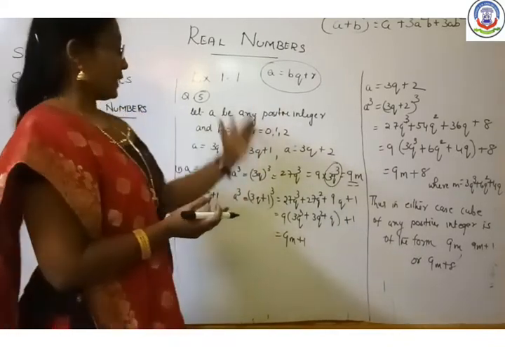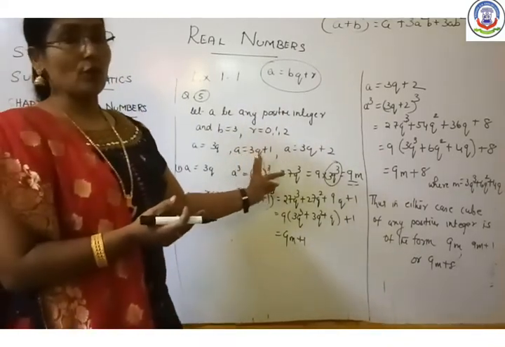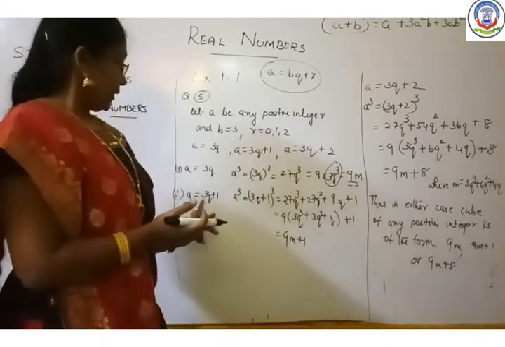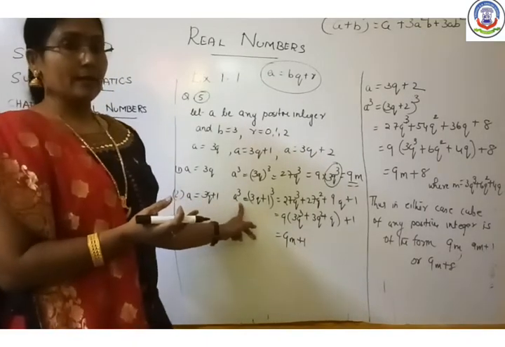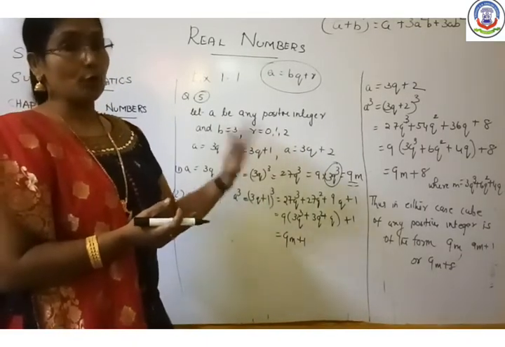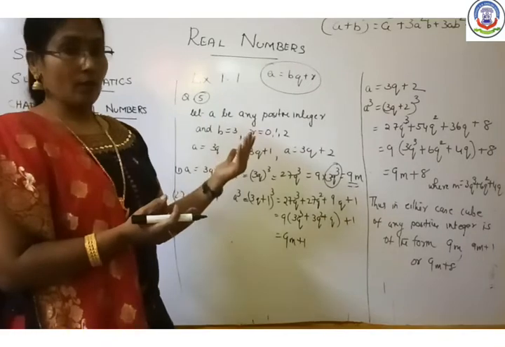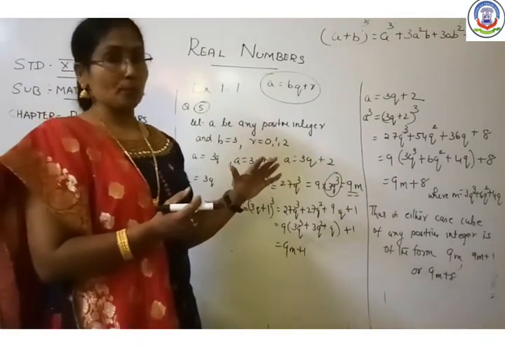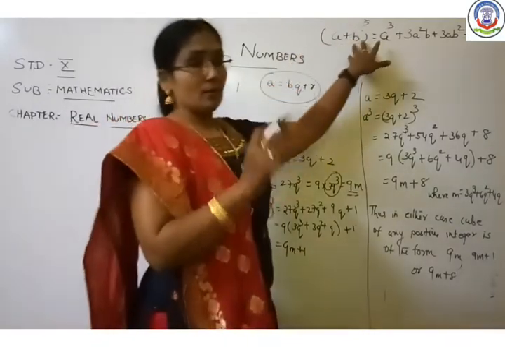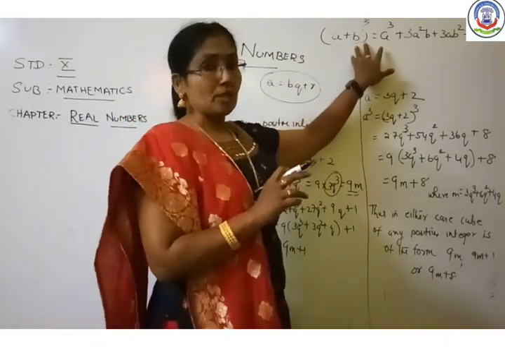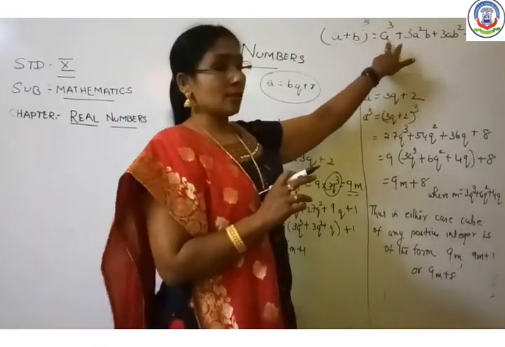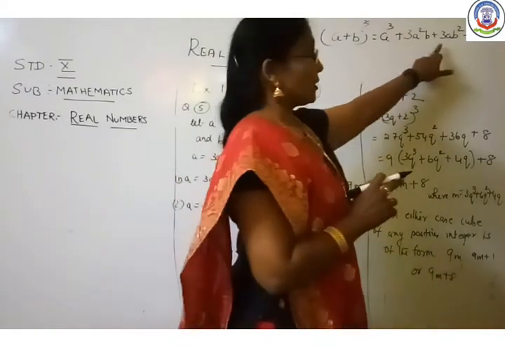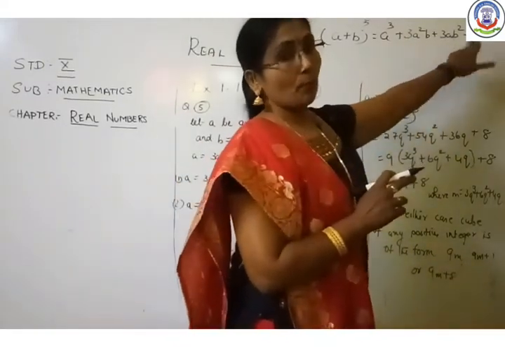Now the second case. What was the second case? 3q plus 1. There also you are going to take 3q plus 1 the whole cube. Now let us recall the expansion of a plus b the whole cube. You might have learned that a plus b the whole cube is equal to a cube plus 3a square b plus 3ab square plus b cube.